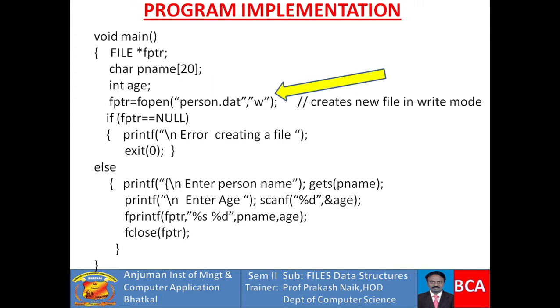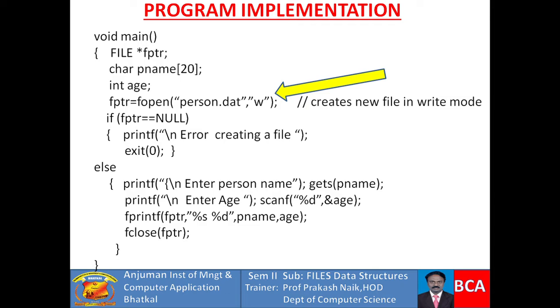Now I need to open a file. So for this I am using fopen. The file name is person.dat, w. Now the computer will try to open an existing file called person.dat, and since the mode w is given, if the file is an existing file, it will erase the previous content, and the memory address of that particular file will be assigned to a pointer variable fptr.